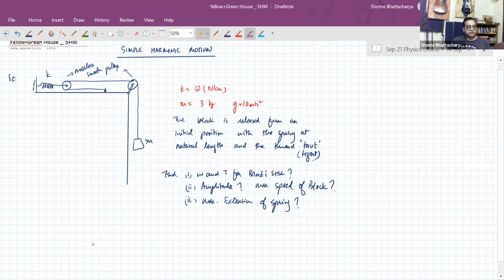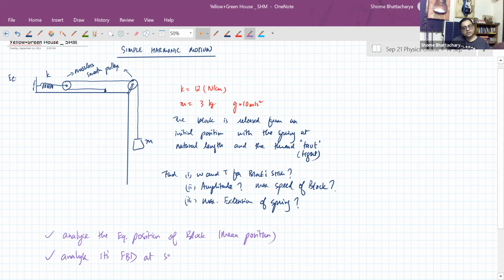So what I would suggest you do here is first of all, analyze the equilibrium position of the block, the mean position. Then analyze its free body diagram at some displacement from the mean position.